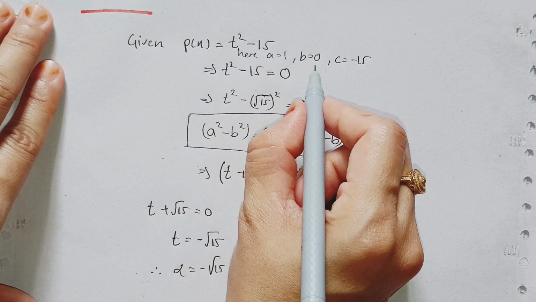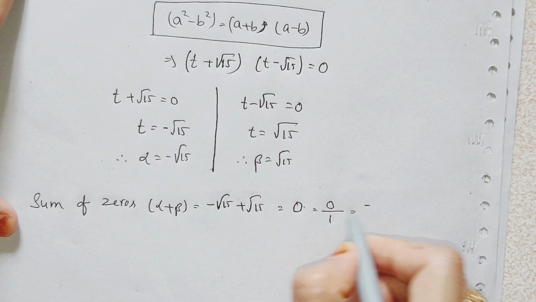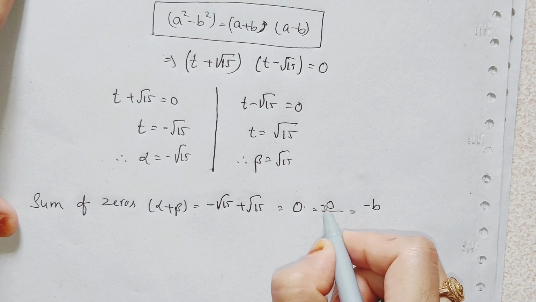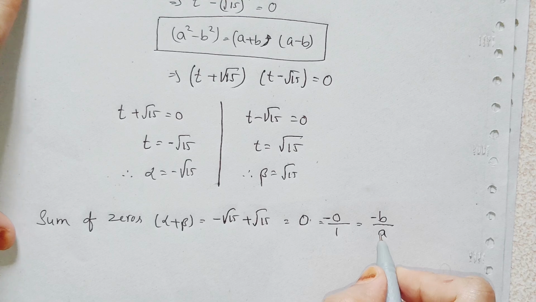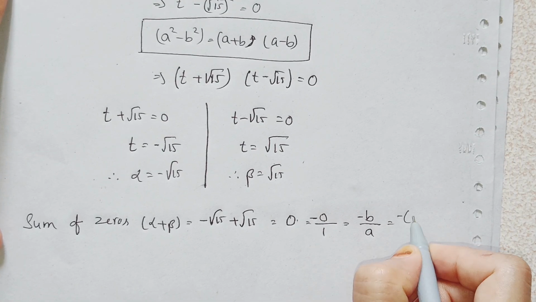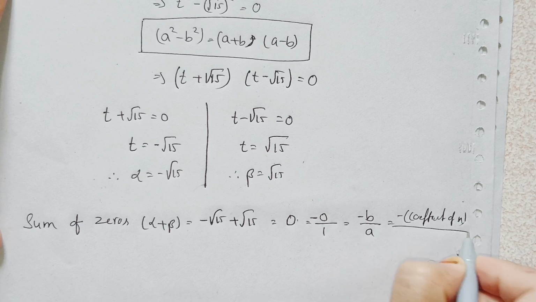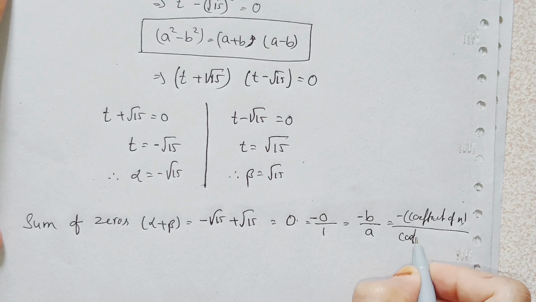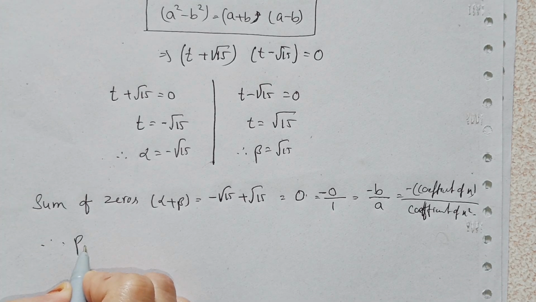In the place of 0 I can write b, and 1 means a. So the sum of zeros is minus b by a, which is minus of coefficient of x divided by coefficient of x square.